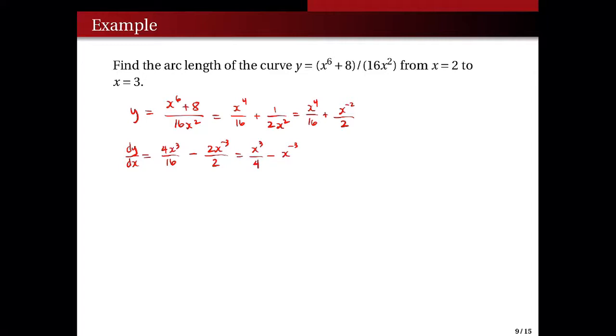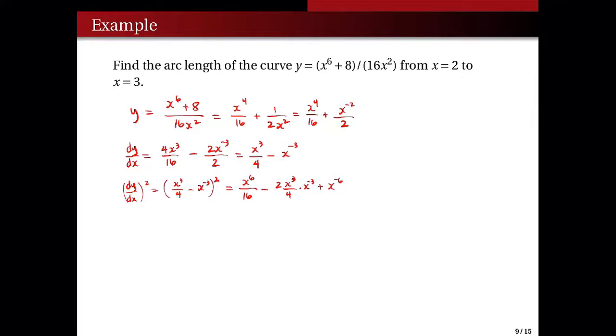And then let's just square this. Dy over dx quantity squared. So you'll have x cubed over 4 minus x raised to negative 3. You square this. We'll get x to the 6 over 16 minus twice the product, so 2 times x cubed over 4 times x raised to negative 3, then plus x raised to negative 6.